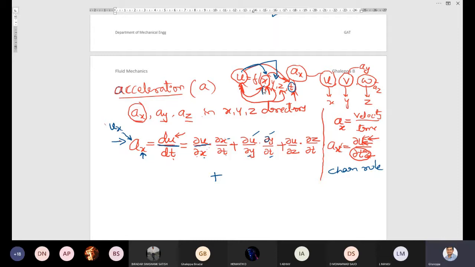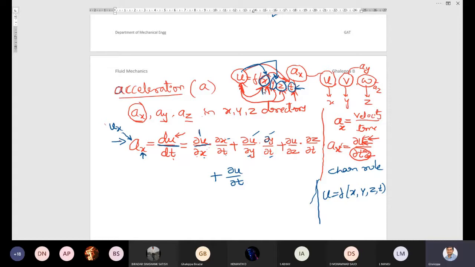I have considered x is over, y is also over, z is also over, but time is also there. Time is also a dependence on velocity. So dou u by dou t. That is also I need to add because velocity is also dependent on time. So my dear students, just to cross check whether I have considered all the dependent variables or not. U is a function of x, function of y, function of z, as well as function of time.